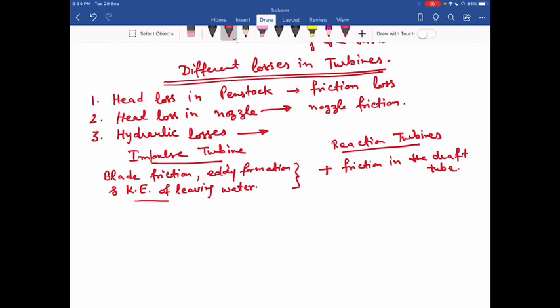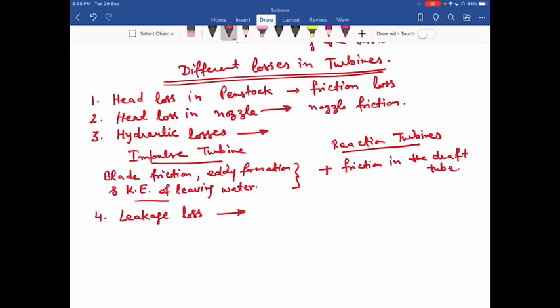Then another loss is the leakage loss. Okay, so you can say in case of impulse turbines, whole of the water may not be striking the buckets. On the runner, in case of impulse turbine, we have the blades, or we can call them buckets. So whatever water comes out from the nozzle, the whole amount does not strike on the buckets.